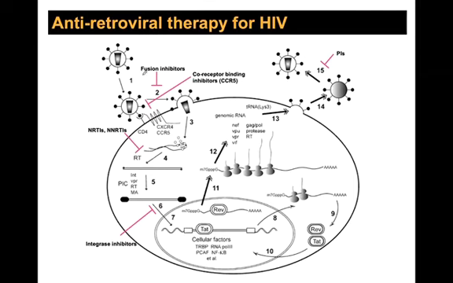So there are things that will block fusion so the virus can't get in. There are those that block binding, just like the antibodies. There are some that will block replication to make DNA. There are those that will block the integration. And then there are some that will block maturation of the virus and sort of getting out.